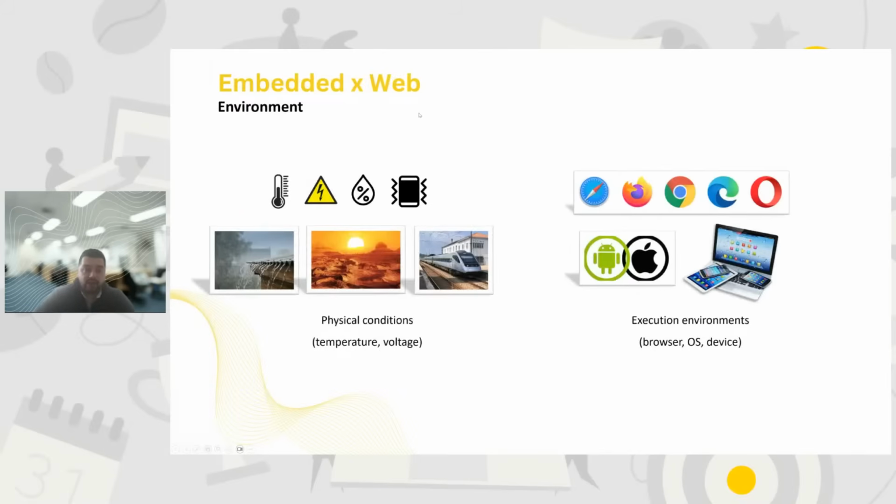Then about the environment, where it will run, where will be our system. As I explained previously, our embedded system will run in some, let's say, hard circumstances. For example, under the rain, with high temperatures, in some vehicles with high speed, with vibration environments, humidity, electricity environment, so a lot of them, in the space, in the water.